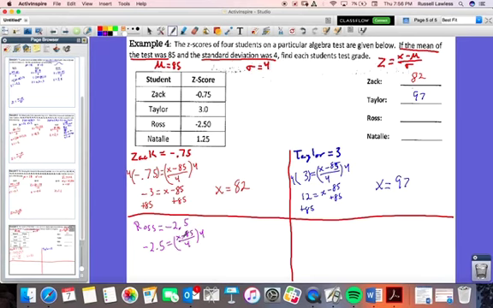Then we're going to multiply both sides by 4. 4 times negative 2.5 gives me a negative 10. Then I'm going to add 85 to both sides, and x is going to be equal to 75. Well, that's not terrible. It's still a C. It's still passing. So it's not as bad as I thought it was, which is good.